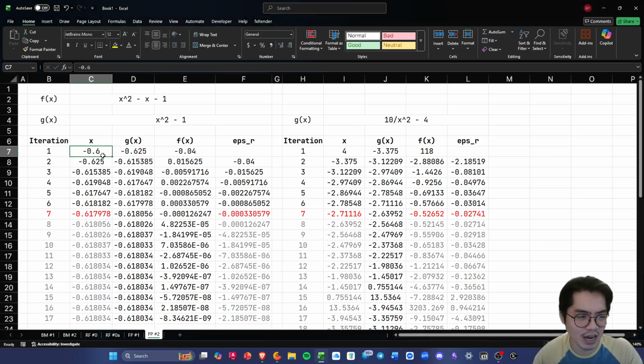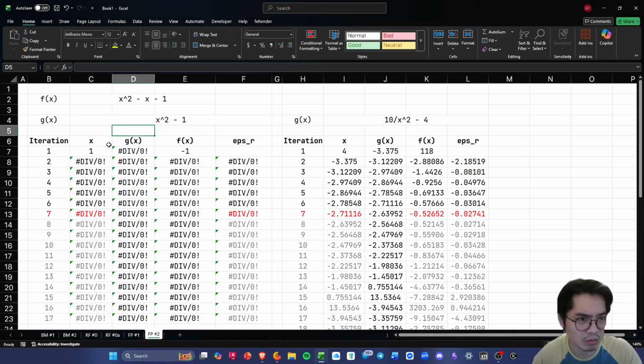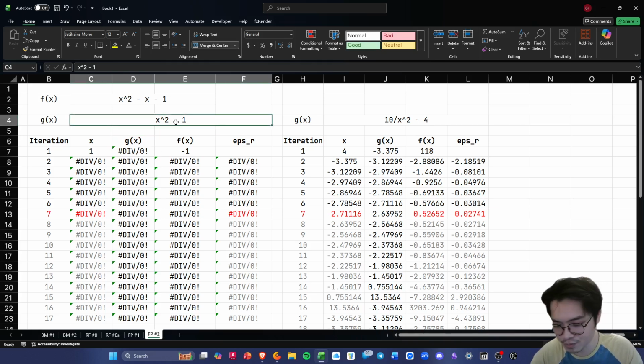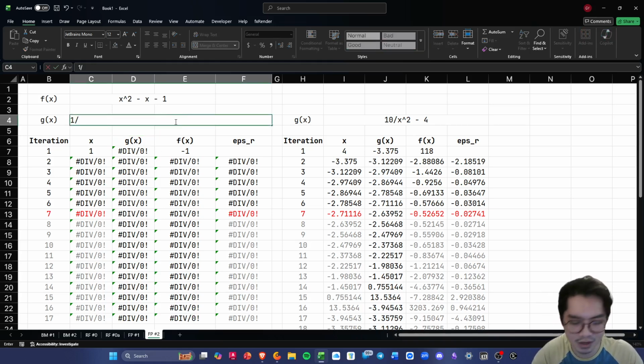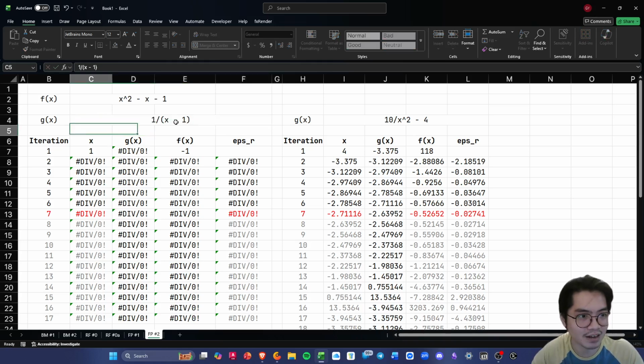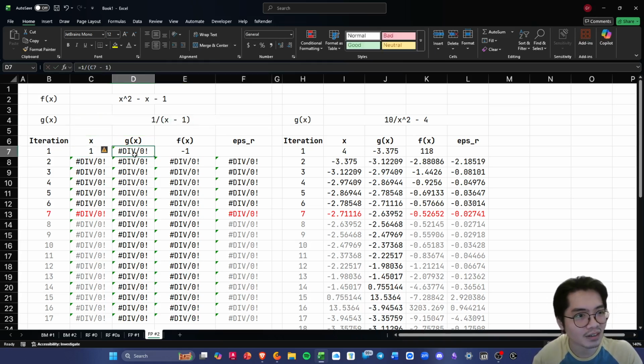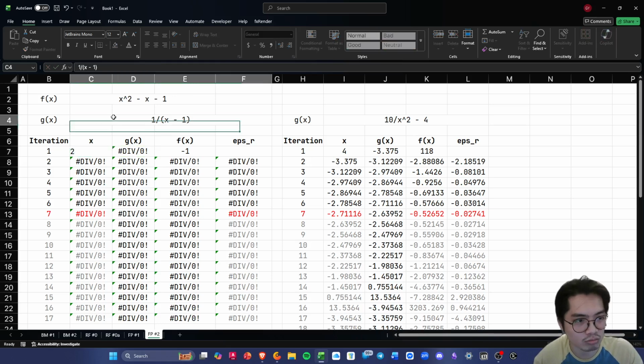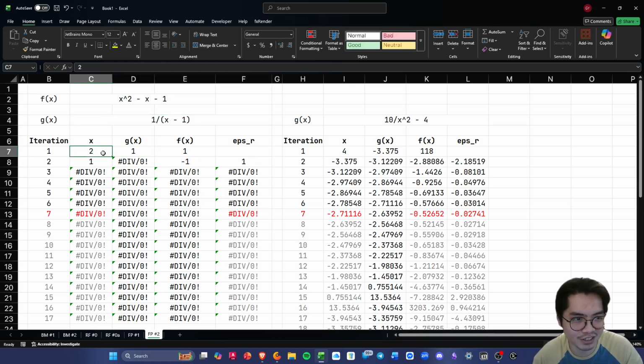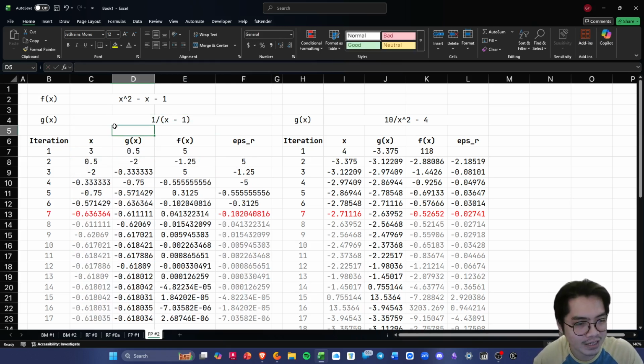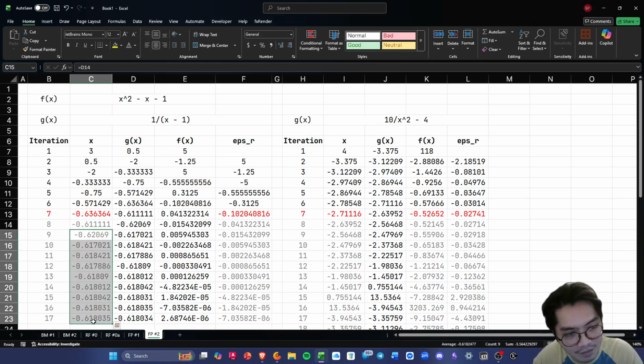And let's try to see if we can find the positive value. Maybe a 1. Nope. Okay, never mind. This is supposed to be 1 over x minus 1 if I'm right. Yeah, x minus 1. So maybe a 2. Oh, it's just going to go. What about a 3? Okay, there you go. A 3 will get you to the negative still.